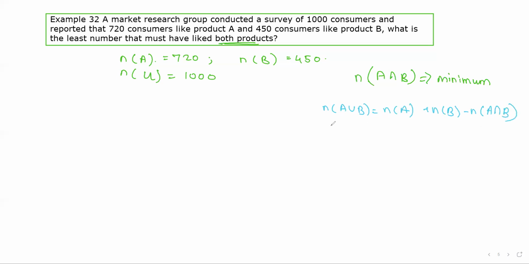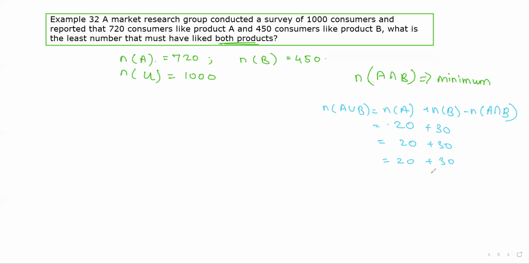What does this mean? This means that if you keep n of A and n of B constant, let's take an example, 20 and 30. This is fixed; here also it's 20 and 30.